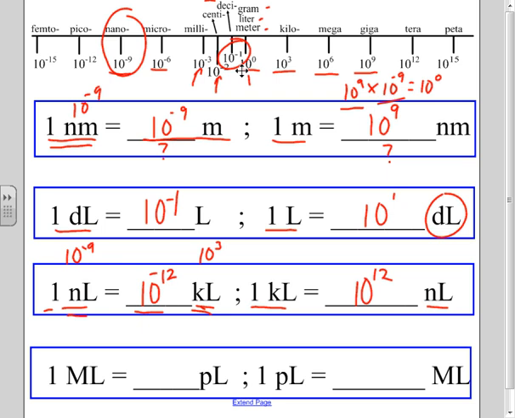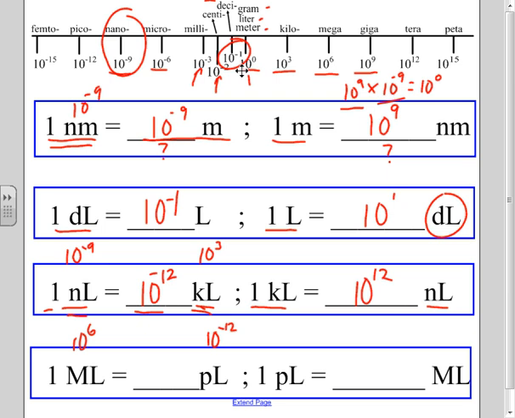For megaliters and picoliters, a megaliter is 10 to the positive 6th liters, relating it to the whole unit, the liter, whereas a picoliter is 10 to the minus 12 liters. And so that gives us a value of 10 to the 18th if we think of our number line going from positive 6 to 0 to negative 12.